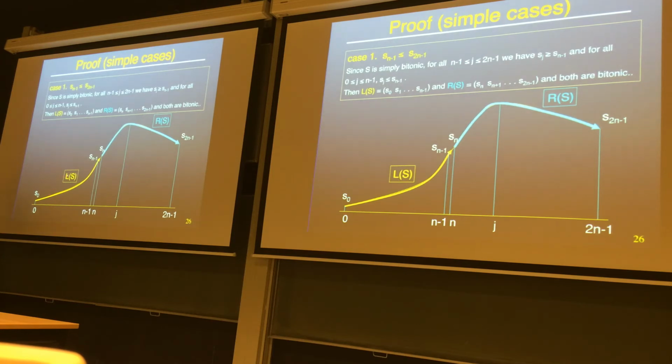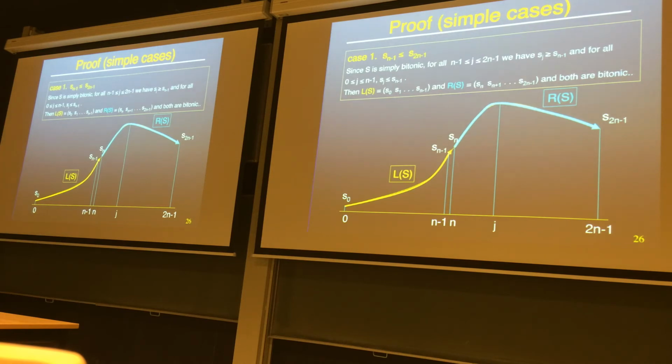Yeah? And both Ls and Rs are bitonic. This is trivially bitonic because it is an increasing sequence having its maximum at the very end of the sequence. Yeah? And this, of course, is also a bitonic sequence having the same maximum as the original sequence. Yeah? And note, if I would sort both these and these, then by simply concatenating the results, I have the sorted result.